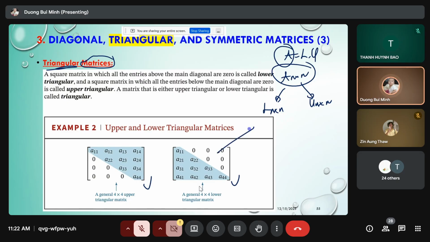This one is the lower triangular matrix, and this one is the upper triangular matrix.